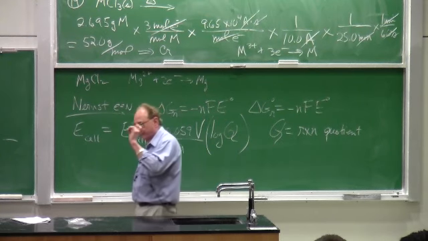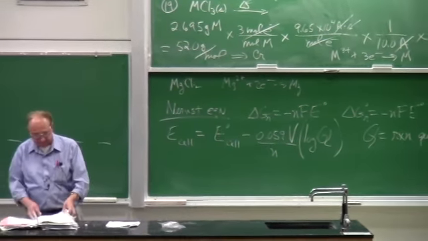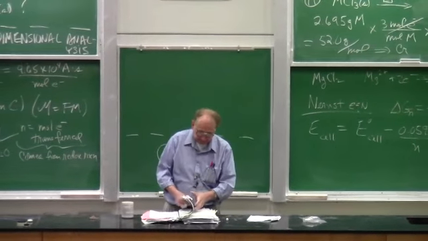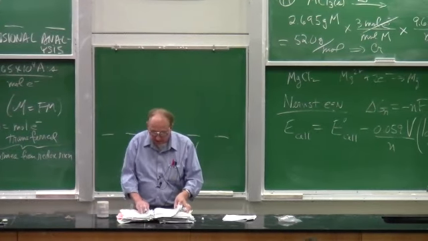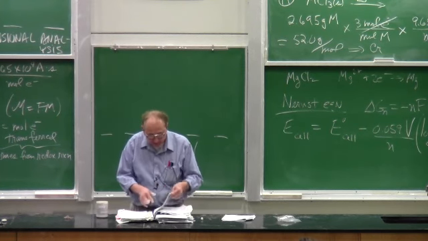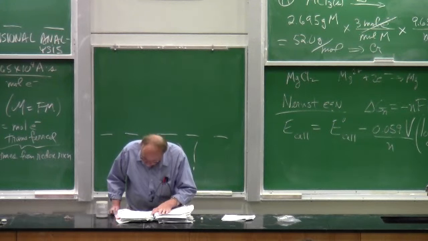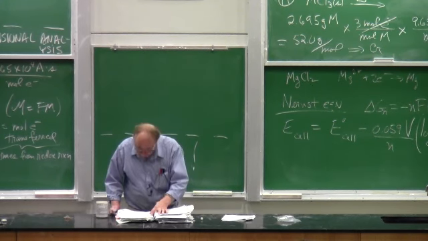Now, one more comment. Take a look at the half reaction table. When you examine the half reaction table, please take a look specifically at half reactions 23 and 39.